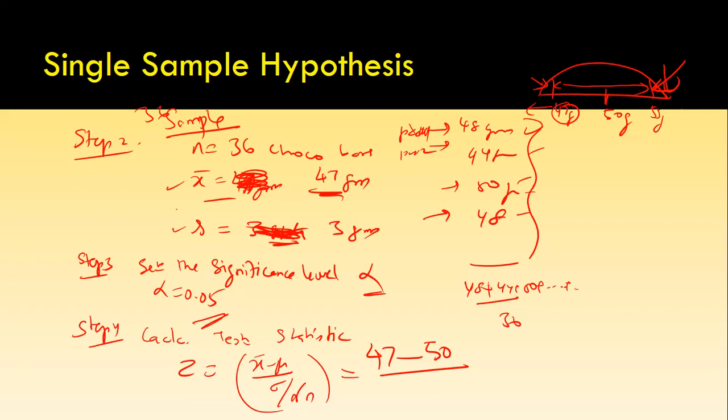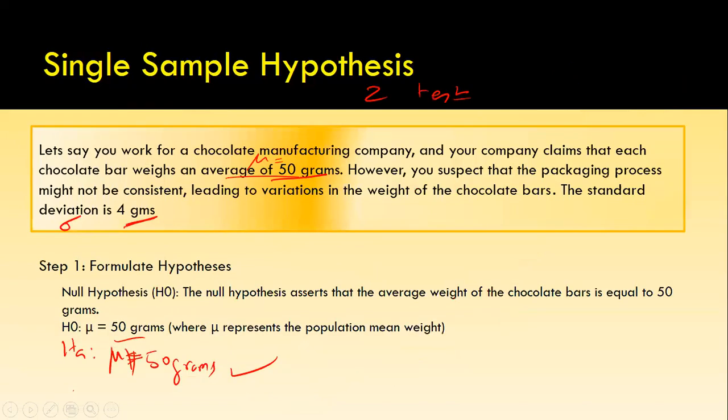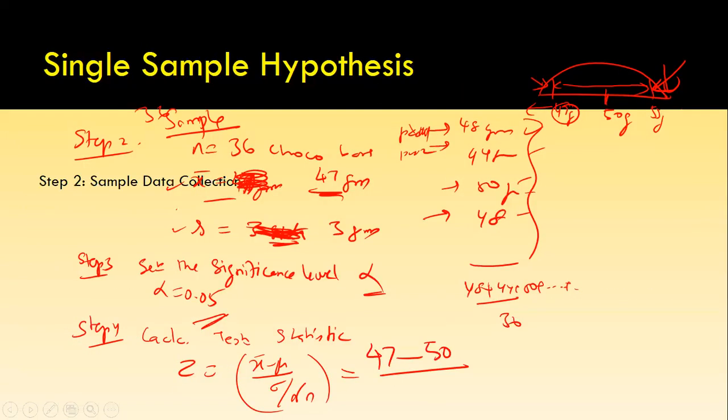Okay. So what is the standard deviation I told you? 5 grams? Did I say 5 grams or 4 grams? Look here, 4 grams, right? I told you 4 grams. Please remember this.